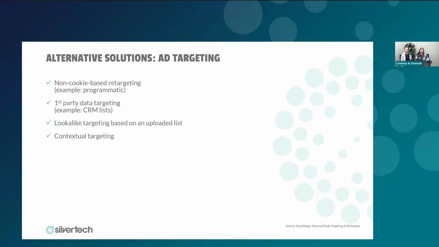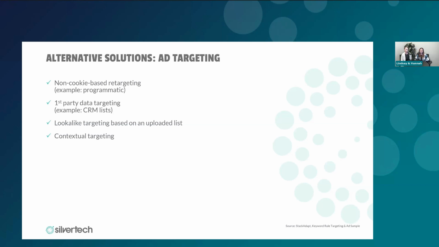So utilizing your data to actually target people with your ads is a great tactic. And we love first-party data, and it is going to become a big part of strategy moving forward throughout 2024 and on.